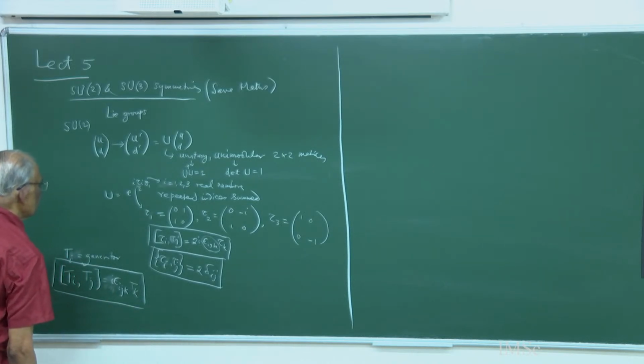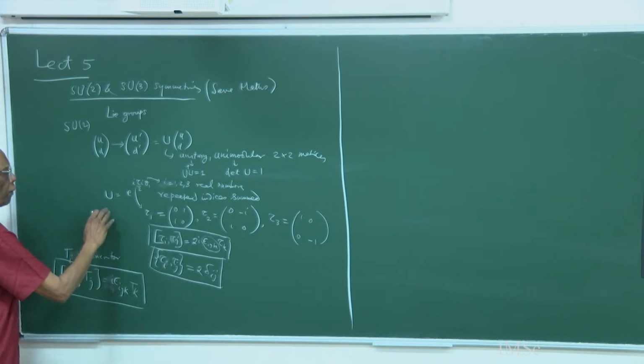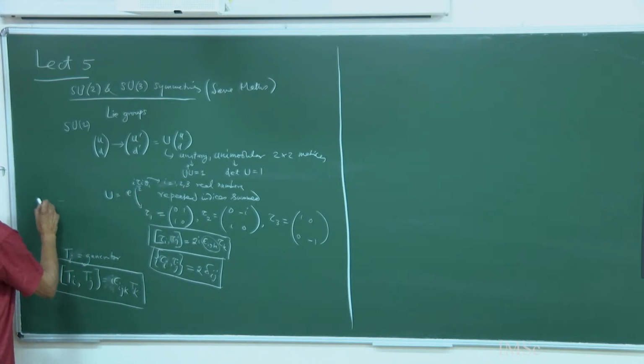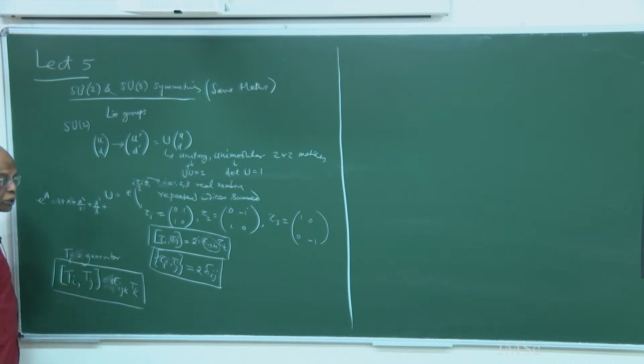Generators satisfy Lie algebra. U's form a group, but here I forgot to mention how the exponential is defined. Exponential of a matrix is simply defined by its series: 1 plus A plus A squared by 2 factorial plus A cubed by 3 factorial and so on. That is the definition of the exponential.